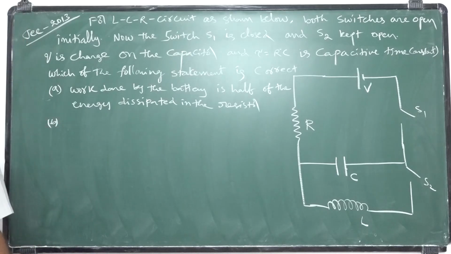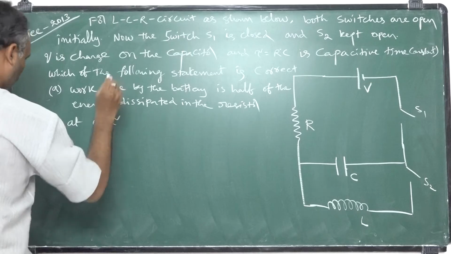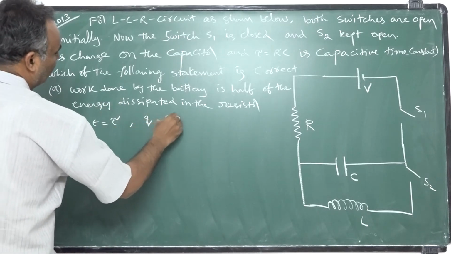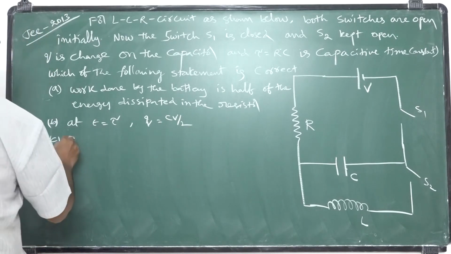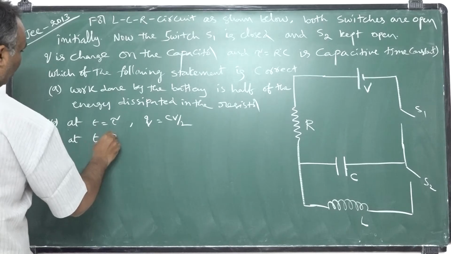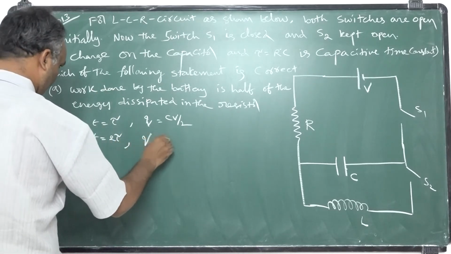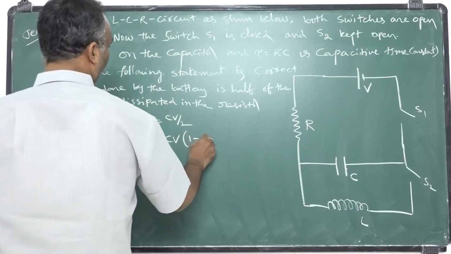Second one, at small t is equal to tau, Q is equal to CV by 2. Third option, at small t is equal to 2 tau, Q is equal to CV into 1 minus e power minus 2.